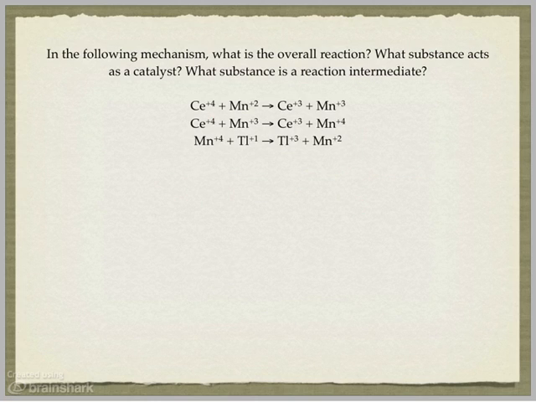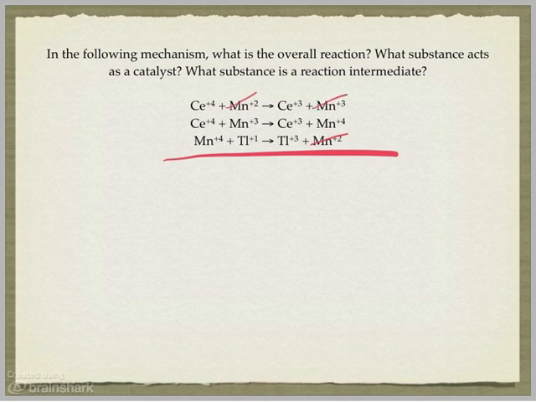Alright, let's try another example of this. Again, it's looking for the overall reaction. It's looking to see if you have any catalysts. It's looking to see if you have any reaction intermediates. So first off, probably is to figure out the overall reaction, which in this case, MnO2 happens there. It happens on the opposite side, so you can cross it out.